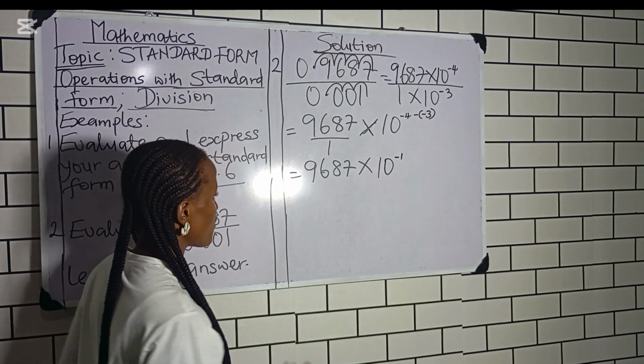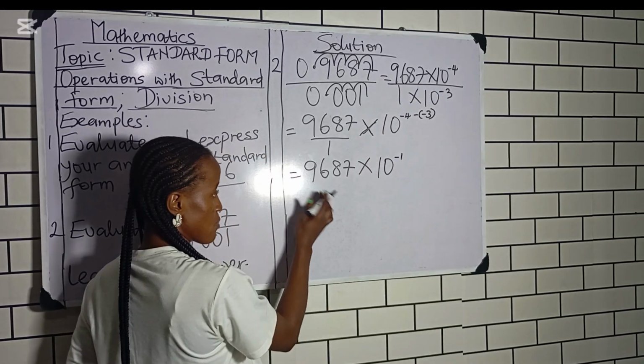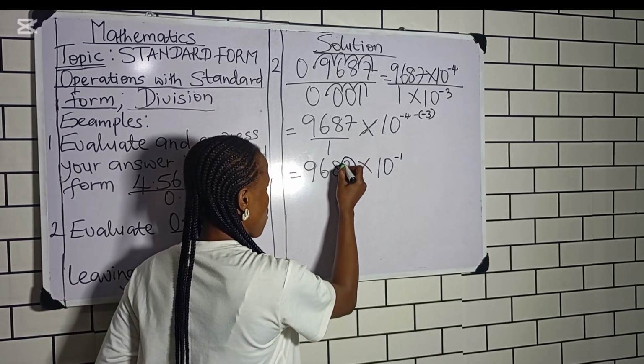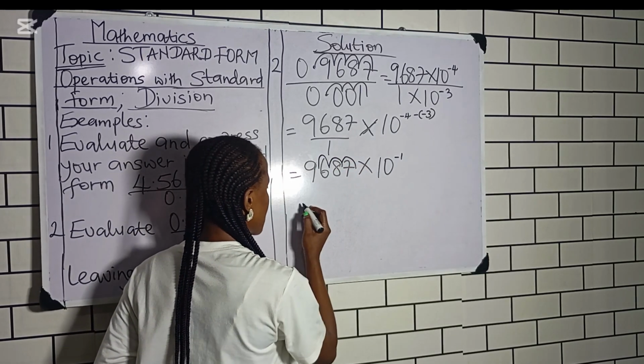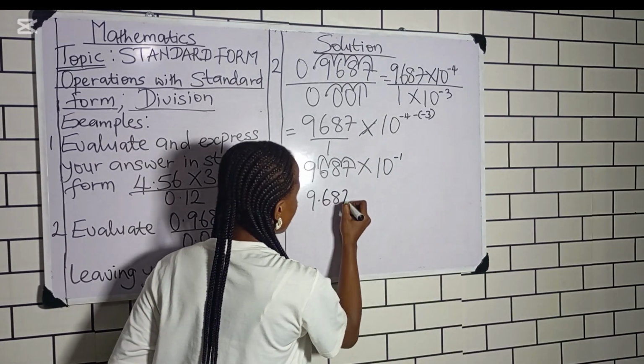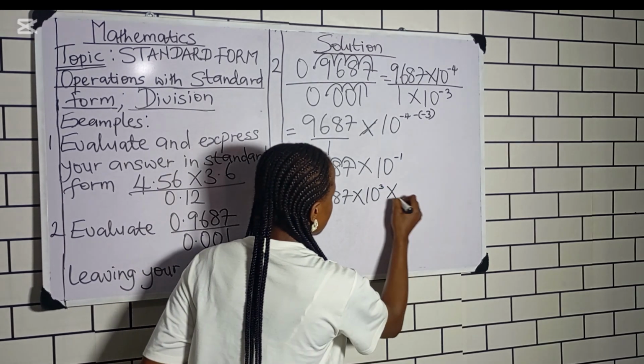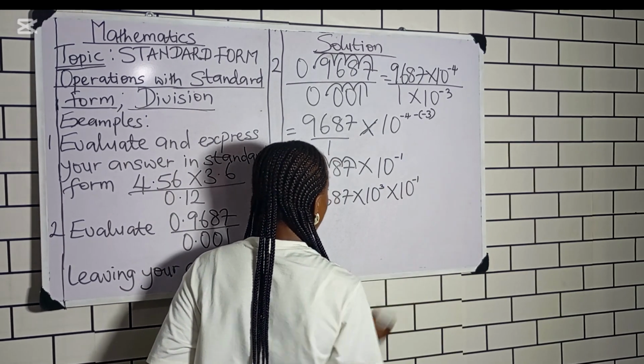Reducing this to power of 10, we assume that our decimal point is placed here because there is no decimal point. Then we count 1, 2, 3. Here we're going to get 9.687 times 10 raised to the power 3 times 10 raised to the power minus 1.